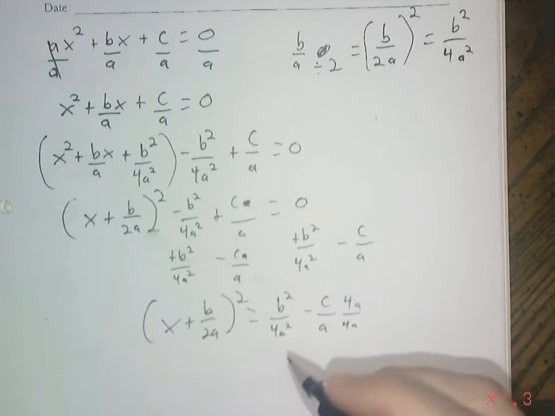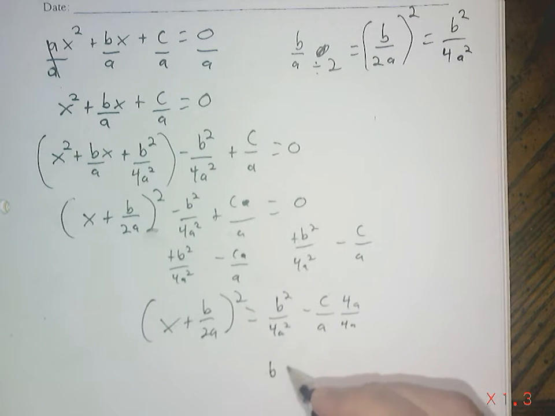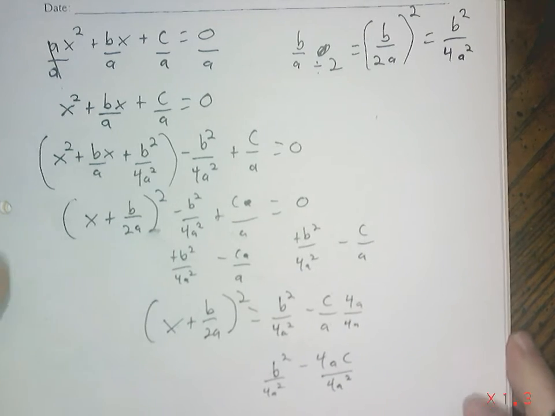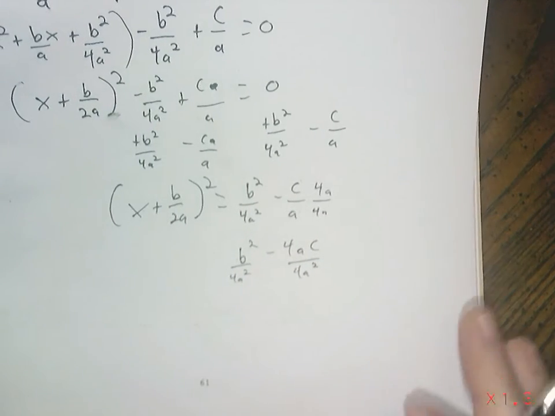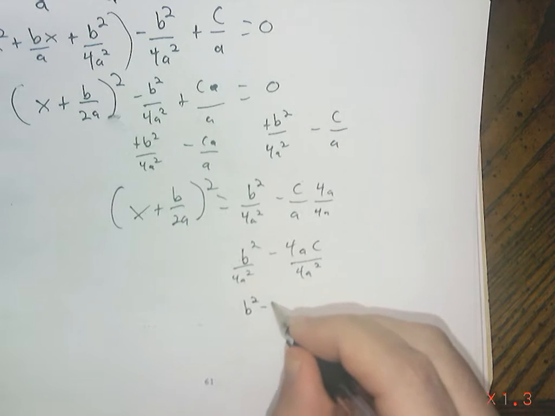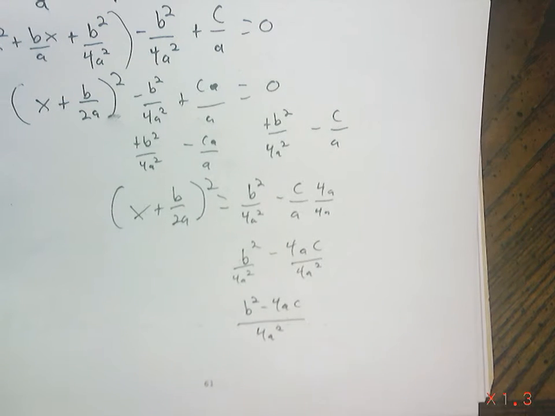So I would have b squared minus 4a times c, and then I'd have over 4a squared and over 4a squared. Okay? Now they have the same denominator, I can combine them. So I can combine them to become b squared minus 4ac all over 4a squared.